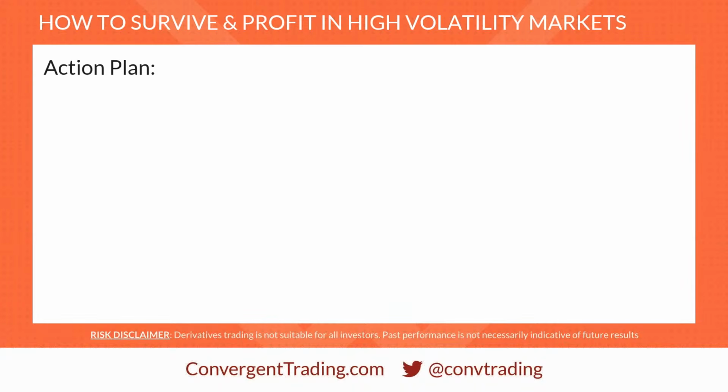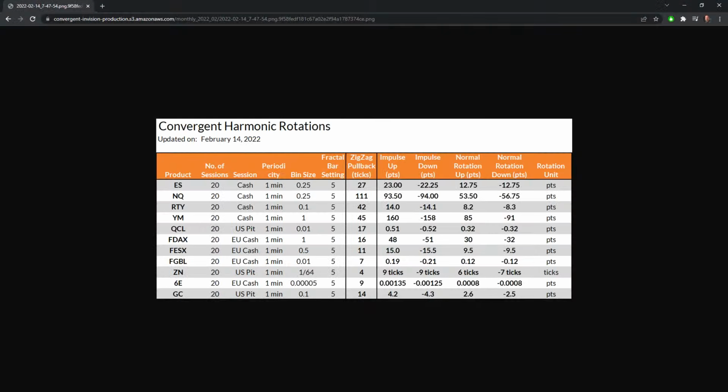More, we had a question. Sure. Somebody's asking, are you saying that the 1 minute normal rotation is 12.75? So I think he wants to know how is the rotation determined? Because it's not each minute, it's just using 1 minute bars. It is the statistical one standard deviation boundary.